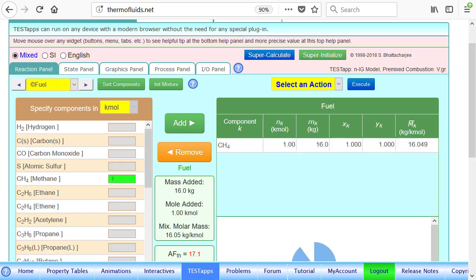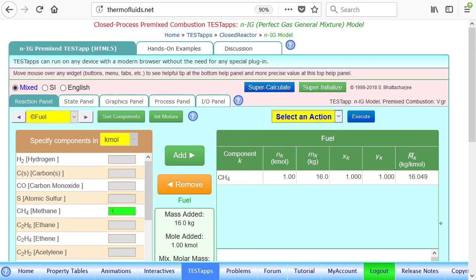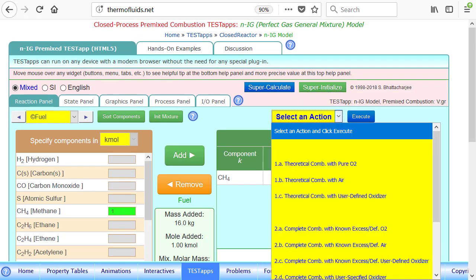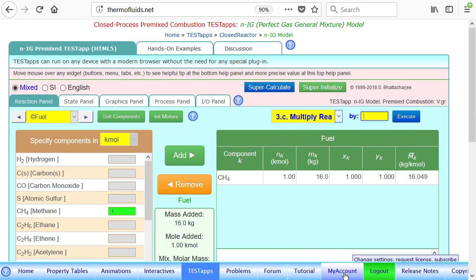But the question says that we have only 1 kilogram of the reactants. So we can choose an action that multiplies the entire reaction by a constant, a factor of 1 divided by 346.